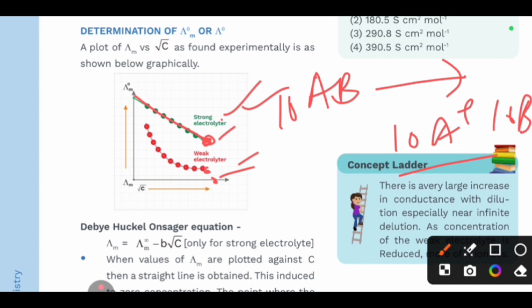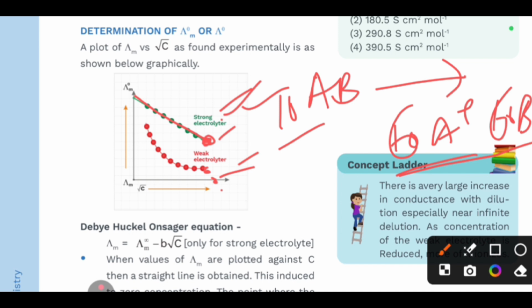But in a weak electrolyte, the point is kept down as compared to strong, because if you take 10 molecules, you will get only 6. It is an assumed value only, it means it is less than 10. You will get 6 ions of A positive and 6 ions of B negative, and the remaining part remains undissociated.